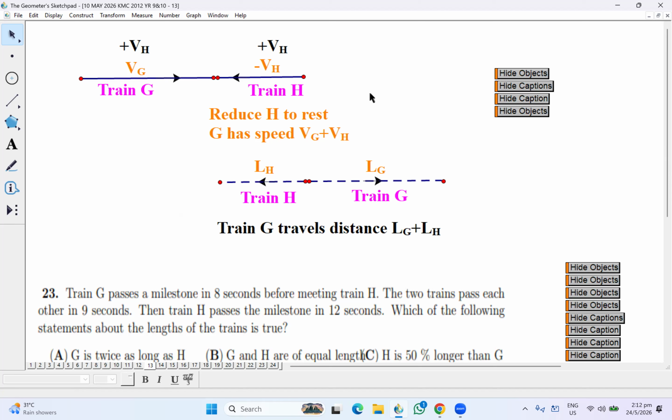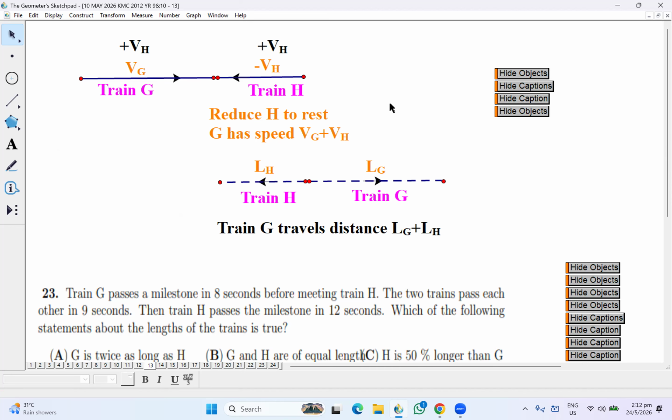You think your speed is 0. You use the earth as not moving. So we use train H as not moving to help understand why I want to reduce to rest. So we view it as not moving, then this one becomes faster.